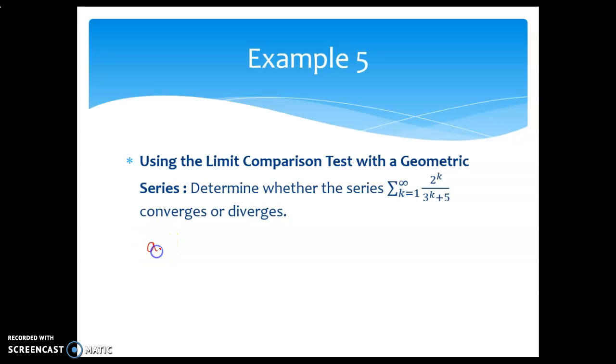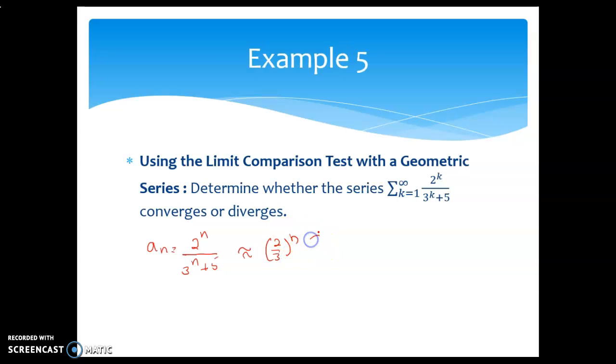So our a sub n at this point is going to be equal to 2 raised to the power of n over 3 raised to the power of n plus 5. And then this is approximately equal to 2 raised to the power of n over 3 raised to the power of n.